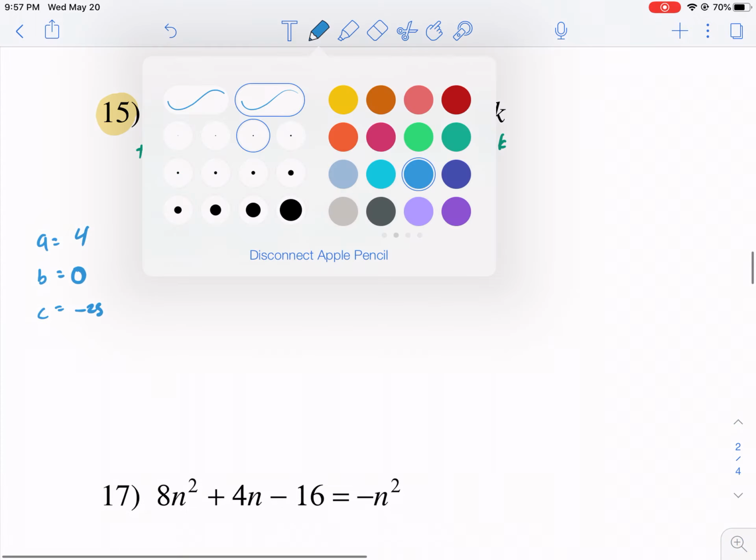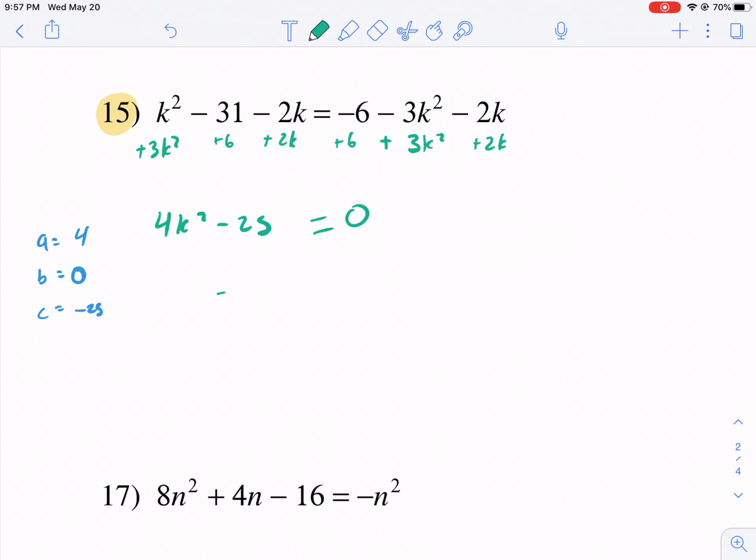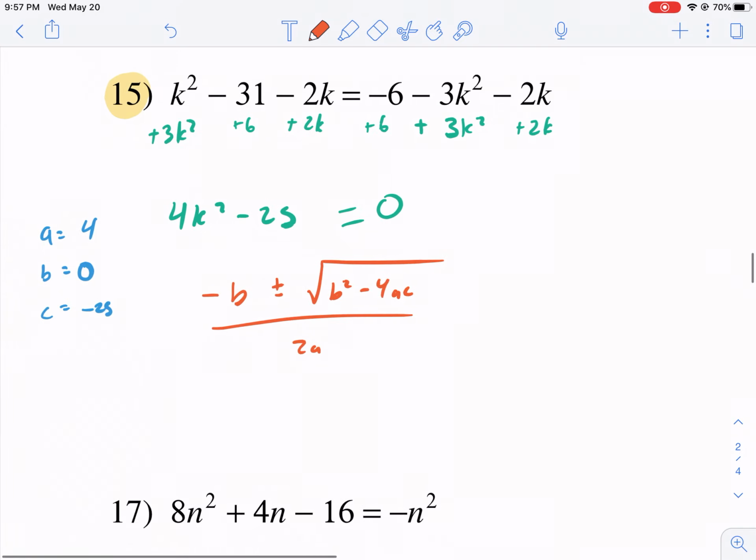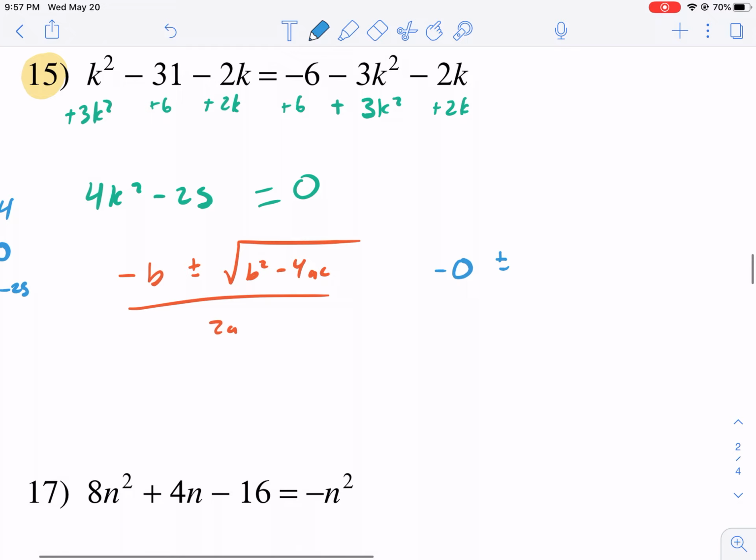All right, so now we're going to do negative, different color. Not loving it. Negative b plus or minus the square root of b squared minus 4ac, all over 2a. Look how sharp that line is. That looks great. Plug in our known values. Well, what do we know? We know b is 0, so we have negative 0 plus or minus the square root of 0 squared.